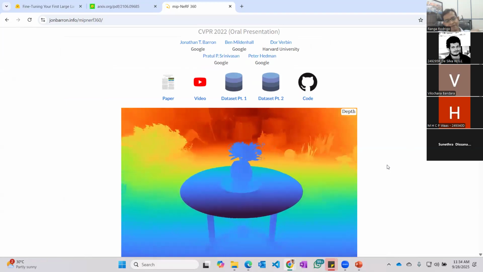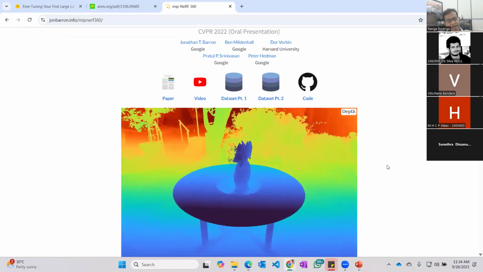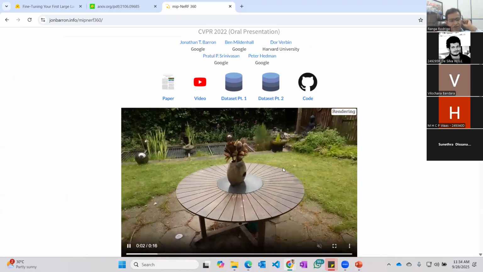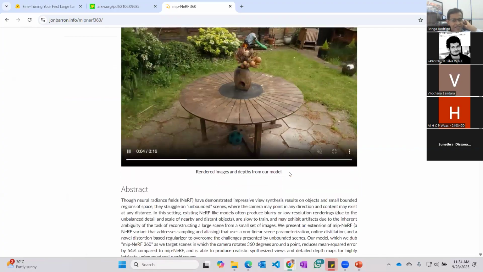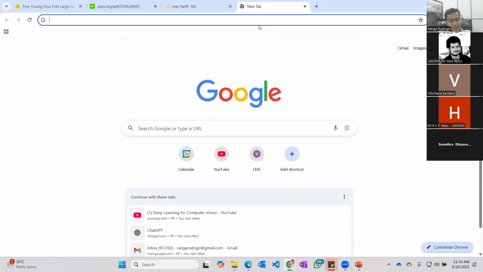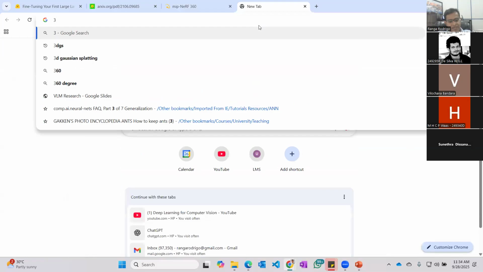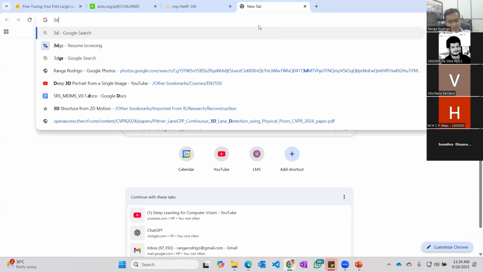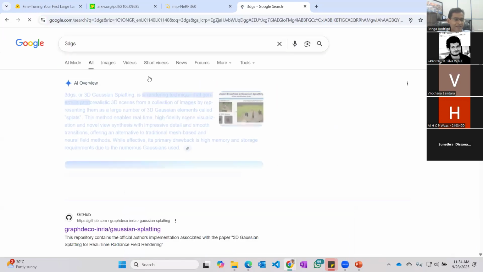You can see the depth map here, the far away red and close by blue. So you can see the 3D of that vase and the table. So this is there. And then after that in 2023 came 3D GS, 3D Gaussian splatting.